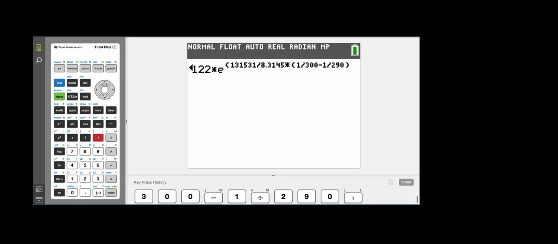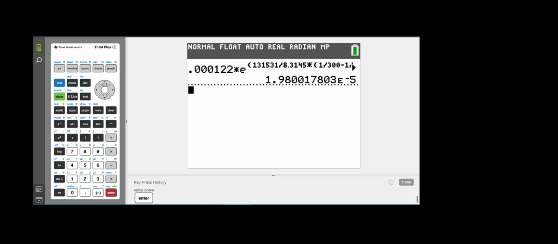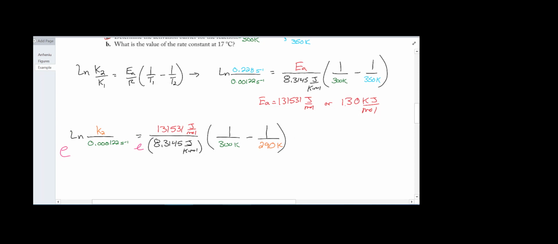And I need a second parentheses there. And let's see, I get 1.98 times 10 to the negative fifth, or basically 2.0 times 10 to the negative fifth. And that works out wonderful. And the second's negative 1 because that unit is still there.